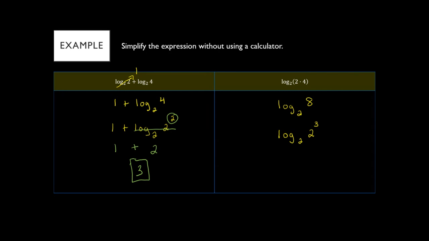Then the log base 2 of 2 cancels out, and we actually get the same answer, 3. Are there any questions?